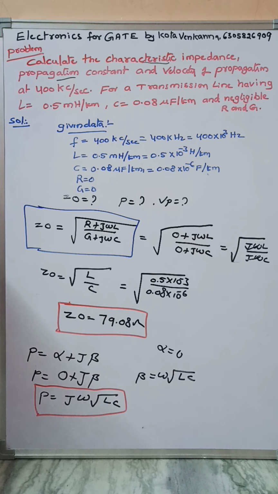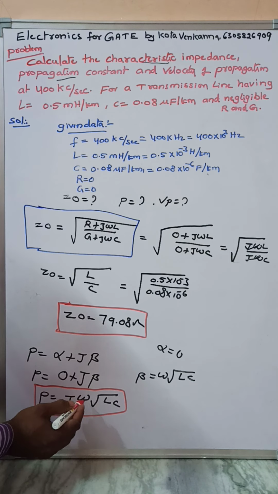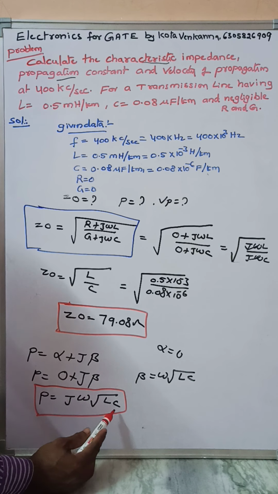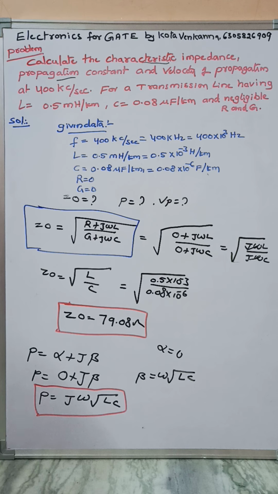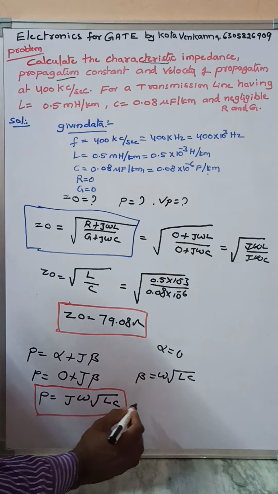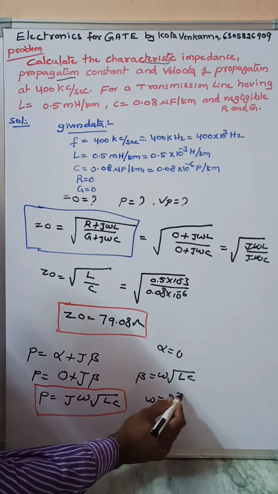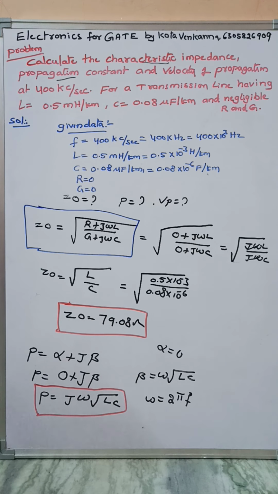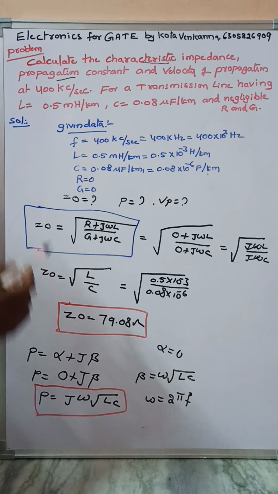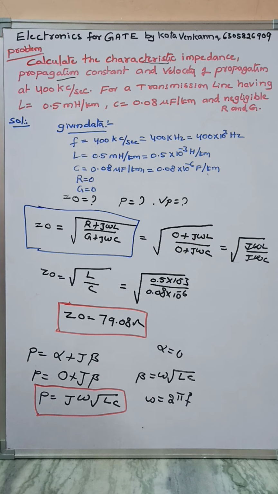In this formula, we have to substitute the omega, L and C values. Omega is equal to 2 pi f, where f is the frequency, 400 kilohertz.